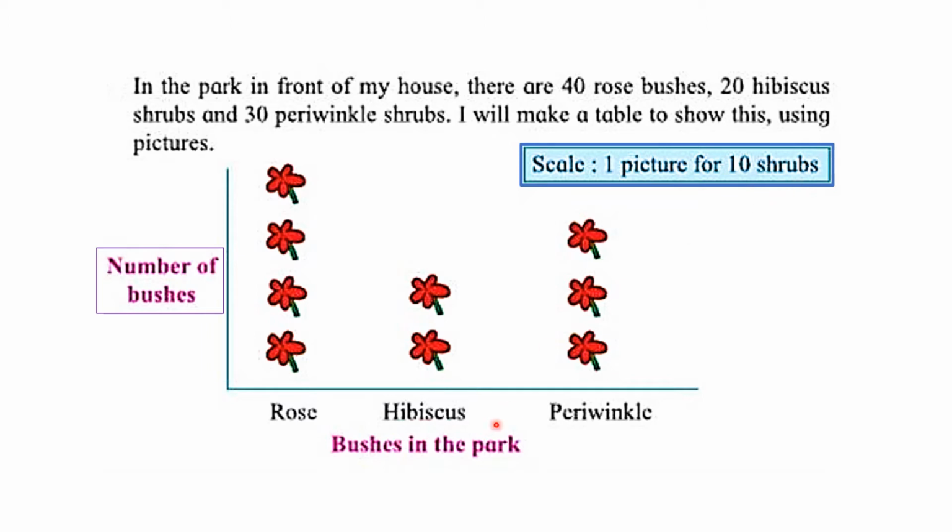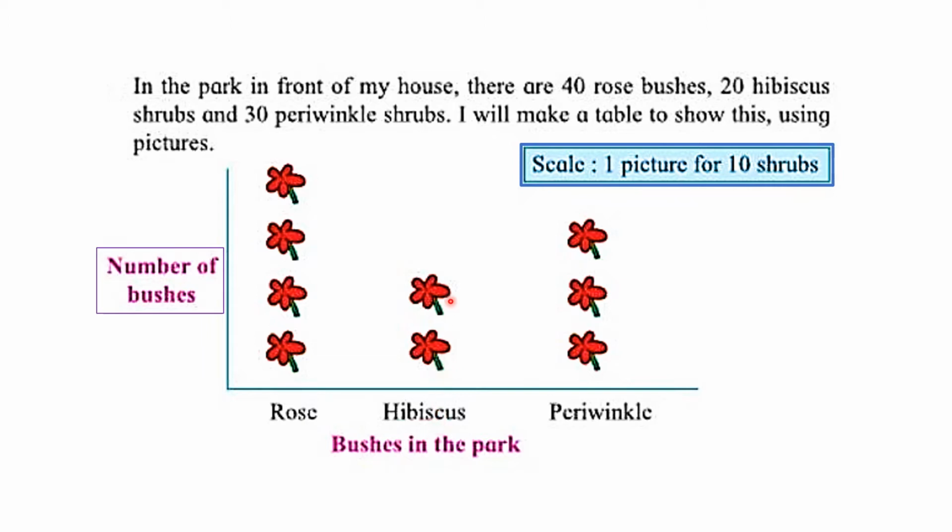So here 4 flowers we will multiply by 10. So there are 40 rose bushes which is given in the information. Same way here 2 pictures are given for hibiscus.